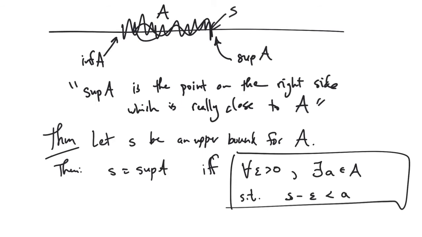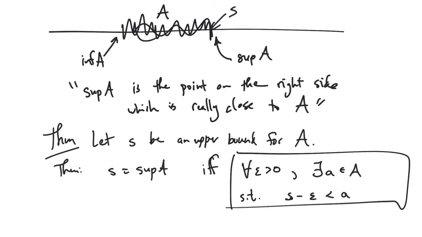What this says right here, if we move the S to the left a little bit, then that's S minus epsilon, then that resulting thing will actually be less than one of the elements in the set, all right? So on this picture, it means if you were to take this point and push it to the left ever so slightly, I mean this way on the screen, you'll end up going less than one of the elements of the set A, all right?